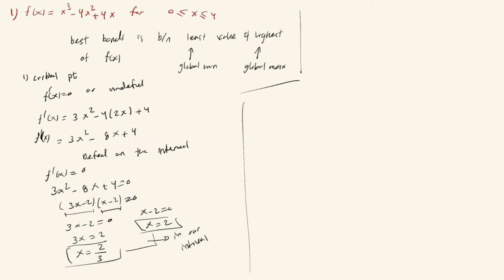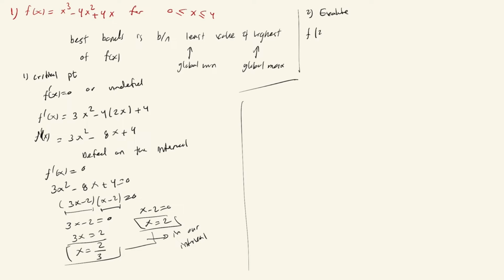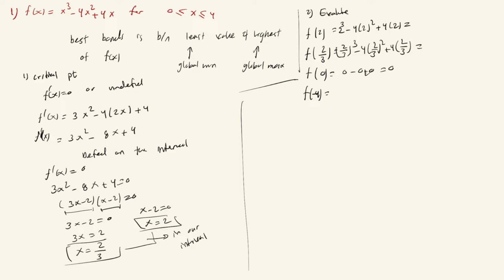Now, the second step, we're going to evaluate our critical point, which is 2 over 3, and our endpoints, which are 0 and 4. The highest value is going to be the global maximum, and the lowest is going to be the global minimum. So step number 3 is to determine the global maximum and minimum. Notice here at x equal to 2 and x equal to 0, this is the lowest value of the function, which is 0.